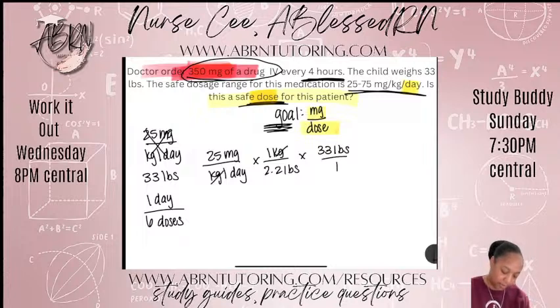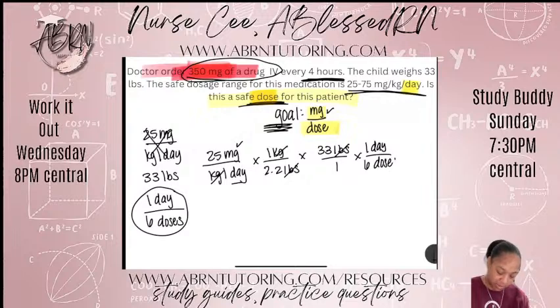Everything's gone except for milligram per day. I need dose. So I'll use this last one: 1 day has 6 doses. Okay, day crosses out. Now you've got milligram on the top and dose on the bottom.